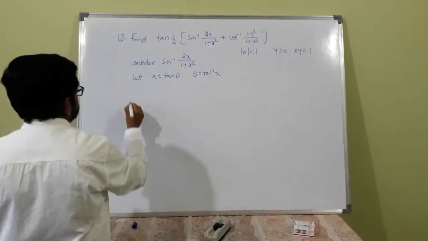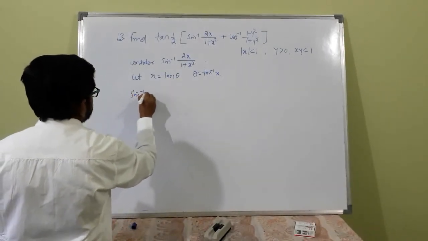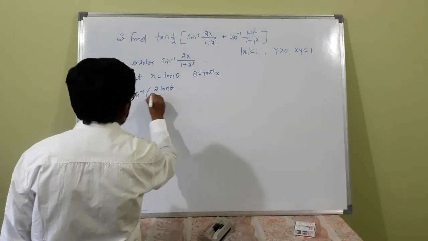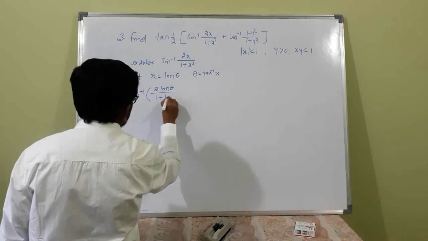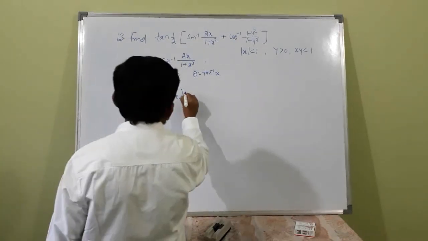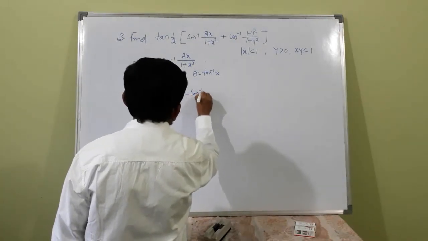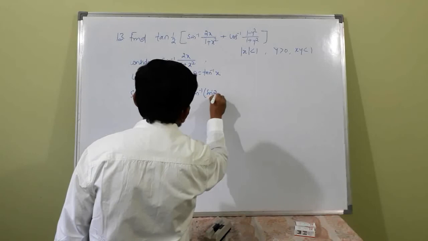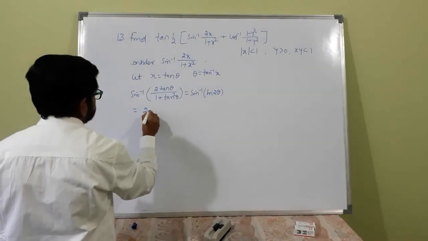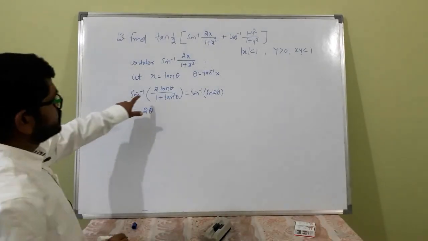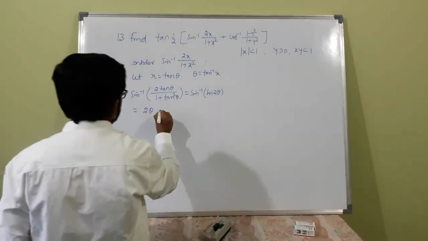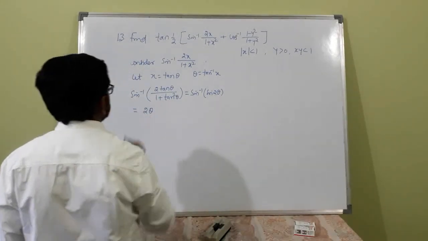Then sin inverse of 2 tan theta divided by 1 plus tan squared theta is equal to sin inverse sin 2 theta, which is equal to 2 theta. Okay, 2 tan theta divided by 1 plus tan square theta is sin 2 theta. So this is nothing but 2 theta.